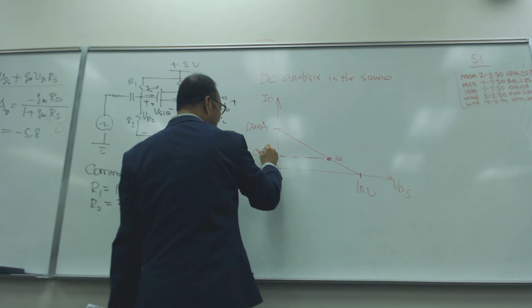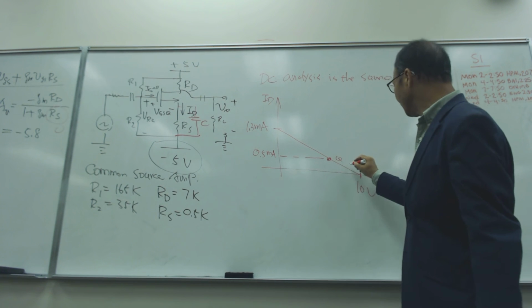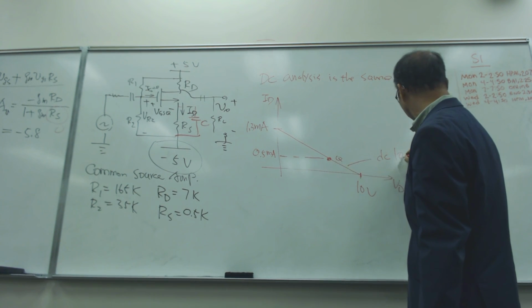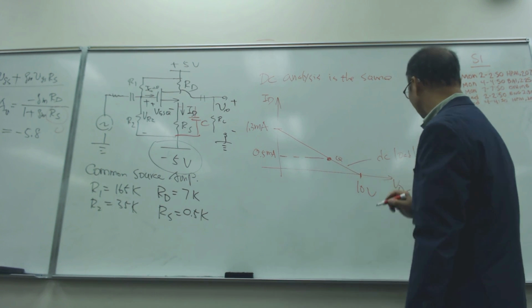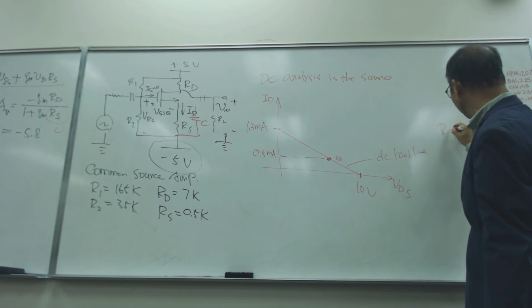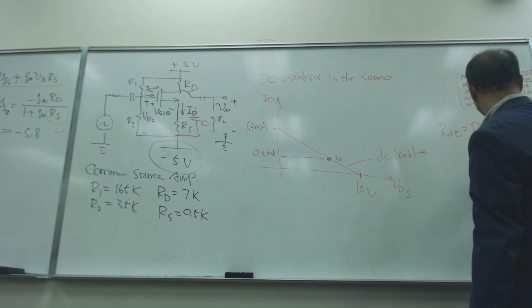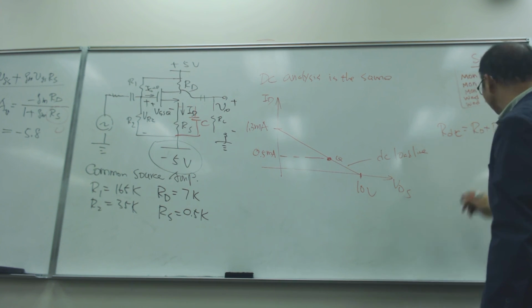This is 0.5 milliamp, correct? So this is the DC load line. And remember, R sub D plus R sub S is 7.5K.